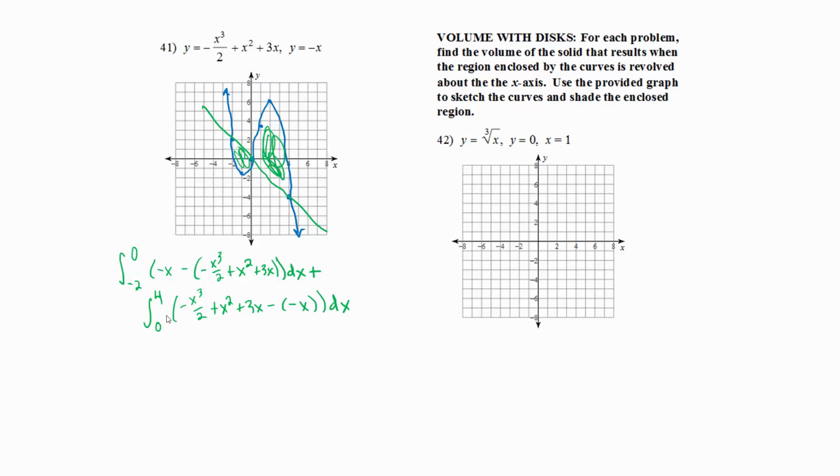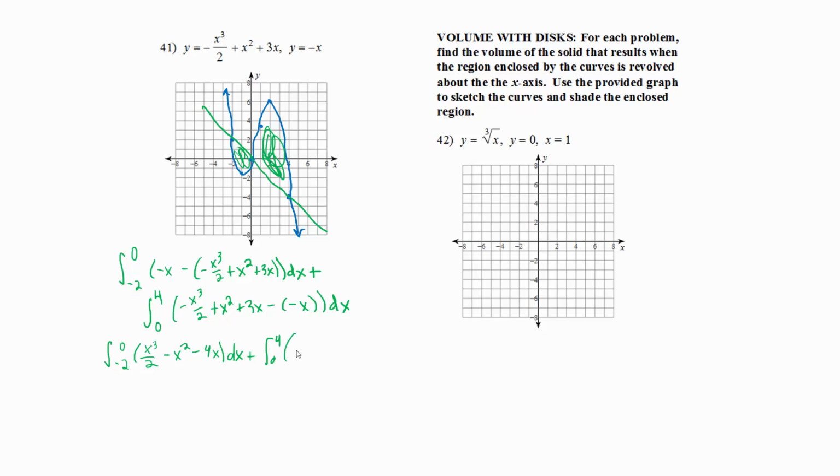We can distribute our negatives and add like terms, and then we will integrate, and then we will plug in numbers. So -2 and 0. This will be positive x cubed over 2 and -x squared minus 4x.